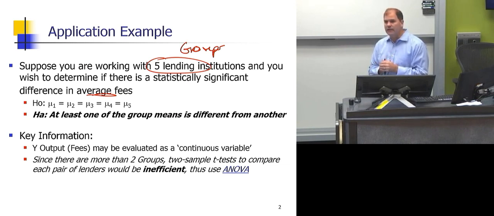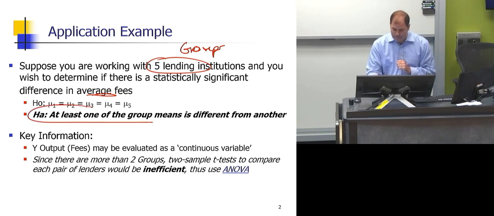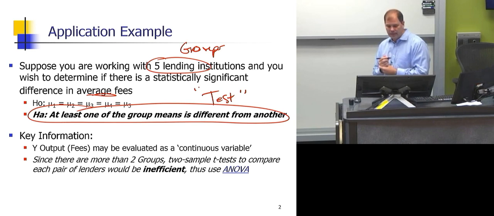And we start out with the null, which is that we get the same average fees from all lenders. And then there is what we want to test for. We want to know if at least one of these is different from another.